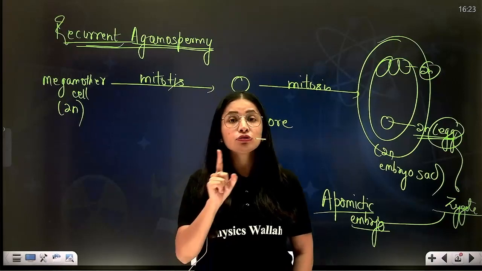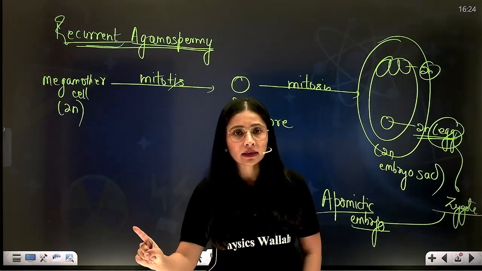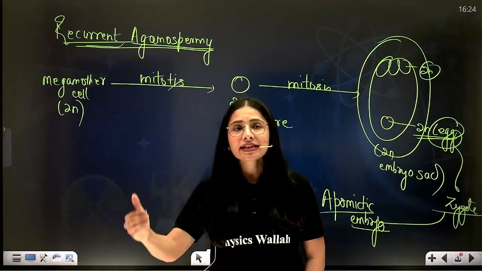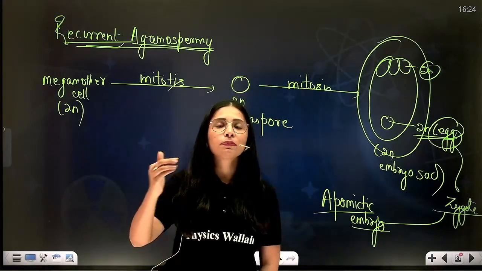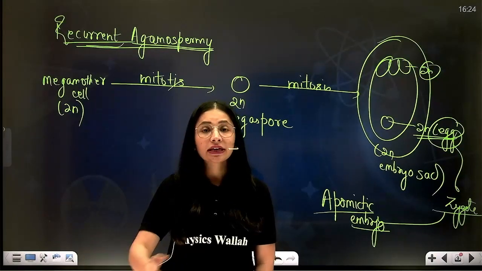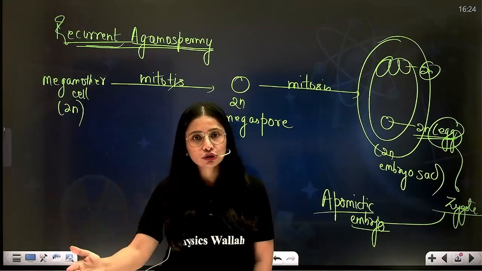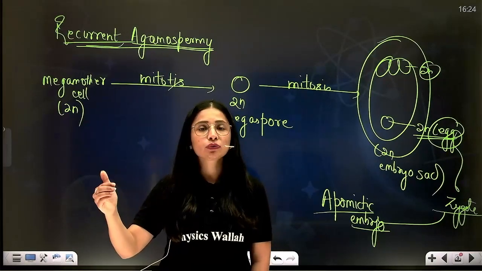So that means you have replicated the qualities of the parent without sexual fertilization, without performing any fusion of gametes, without any fertilization event. Simply we have transferred the characters from the parent to the offspring through an asexual method.